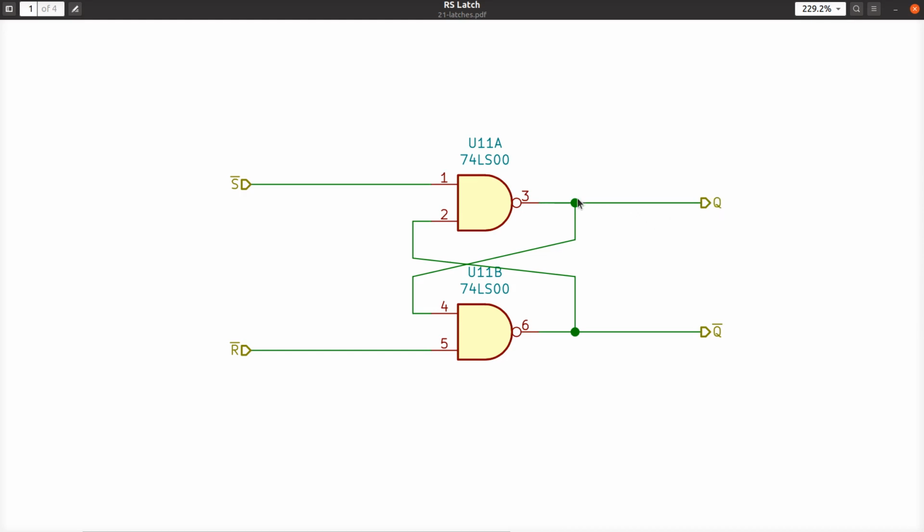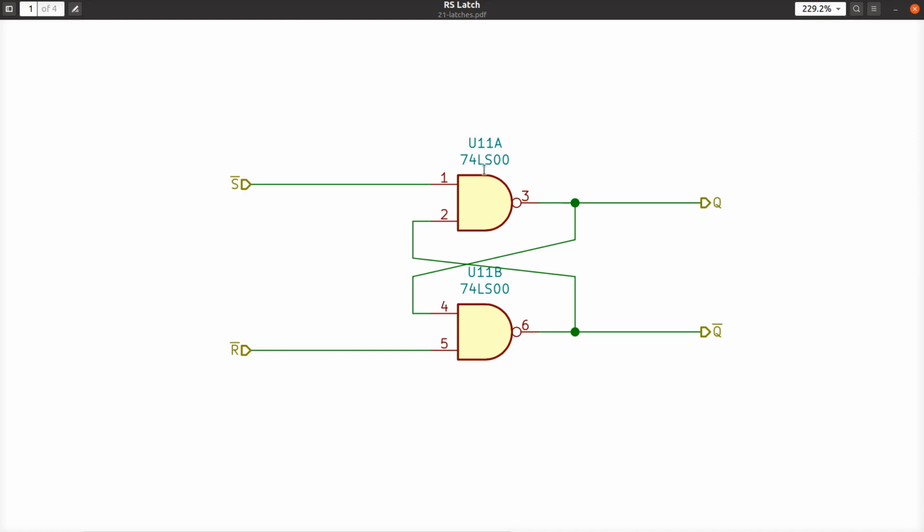And we can see as drawn, that output comes around here, goes into an input of U11B, whose output here we're going to call Q bar. You can see the little bar on top of the Q. That output comes back around like this and back into U11A.